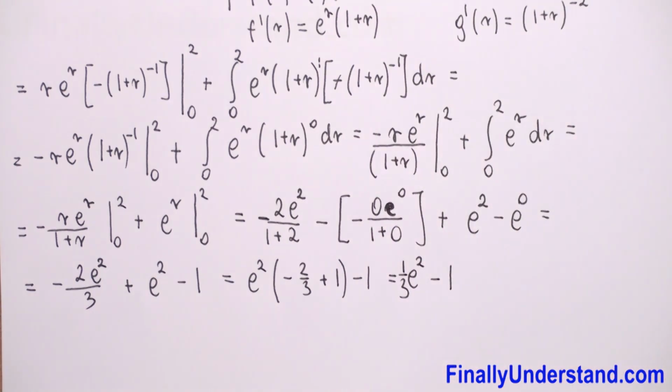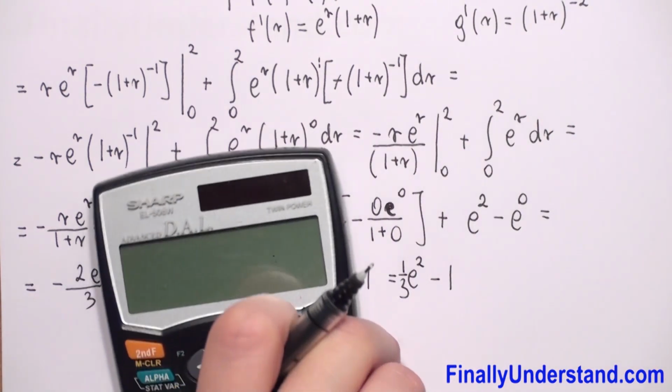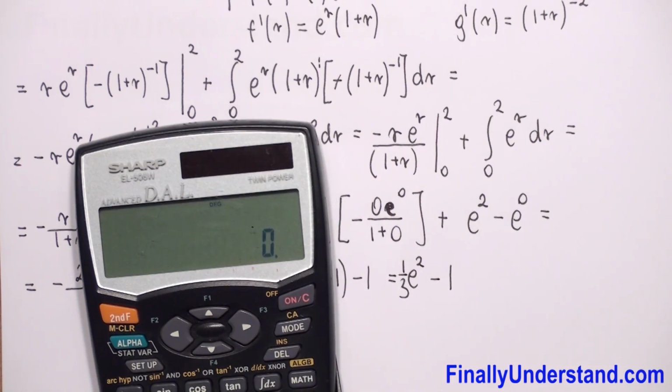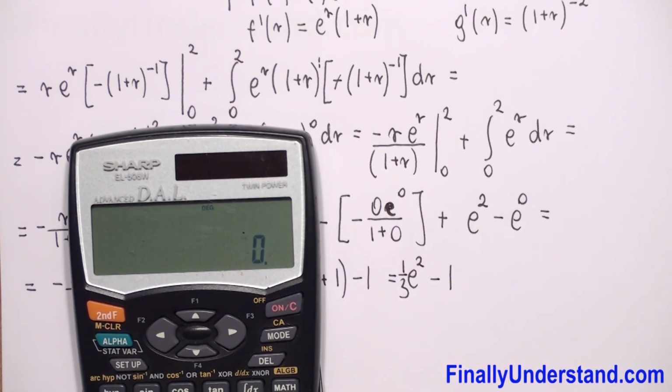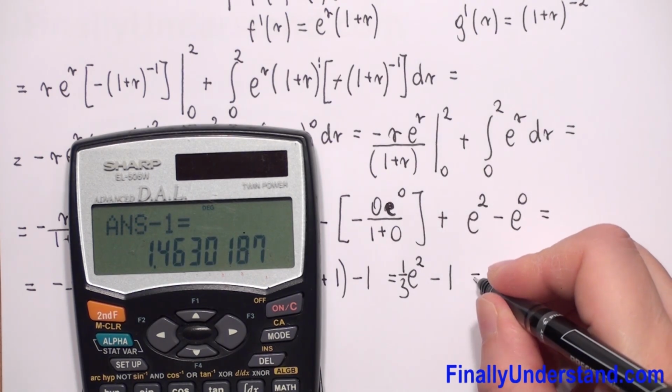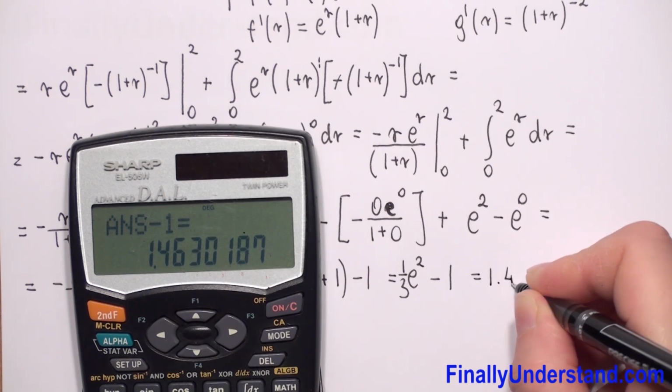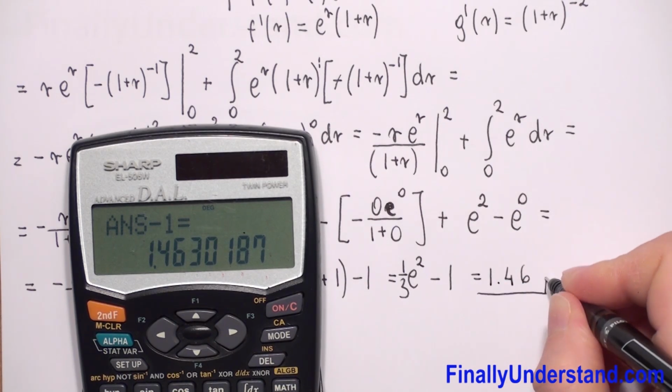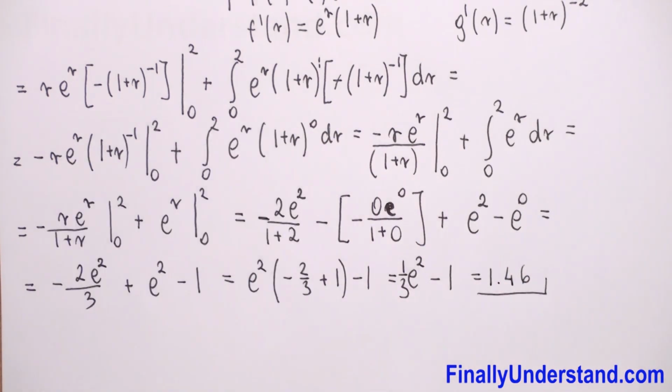Now you can use a calculator and find this value. We have 1 over 3 times e to second power minus 1. So this is equal to 1.46. This is my solution.